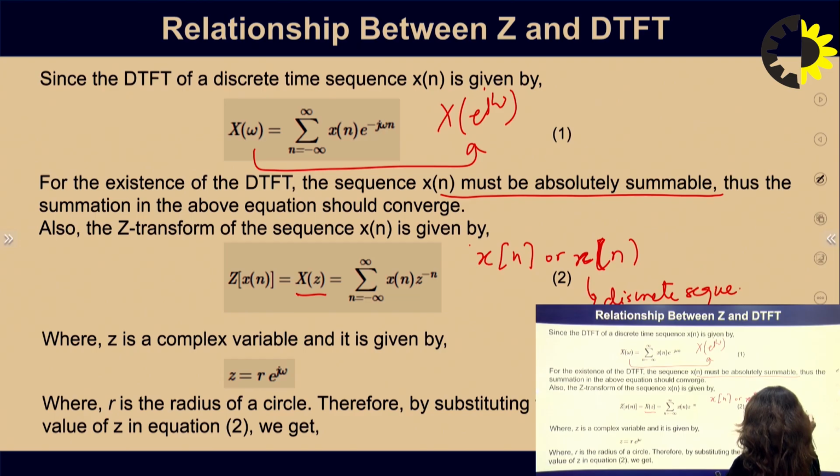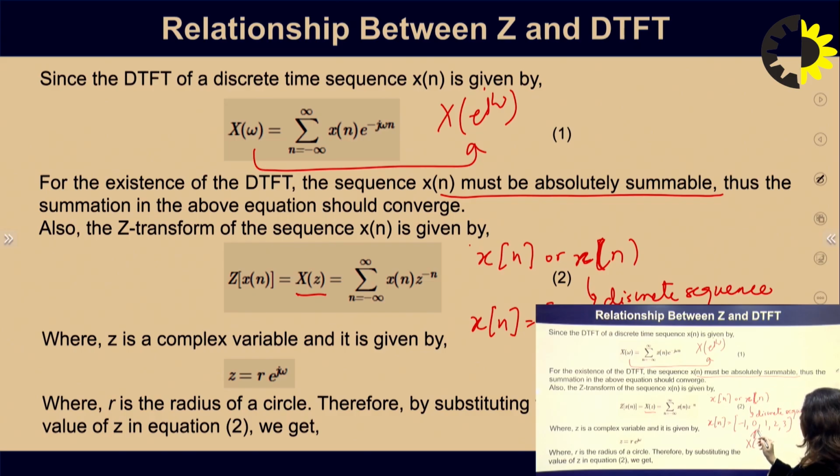Suppose there is a value for x[n] given in the question, for n equals minus 1, 0, 1, 2, 3, and you have to find the value of X(z). So here the value at n equals 0 is 0, at n equals minus 1 it is minus 1, and at n equals 1 it is 1.